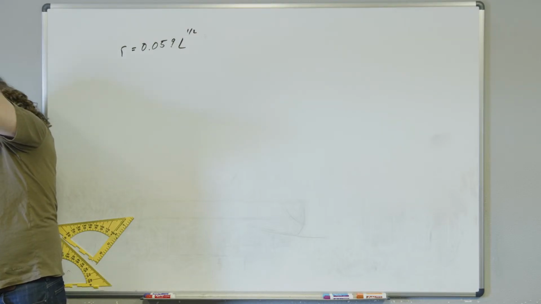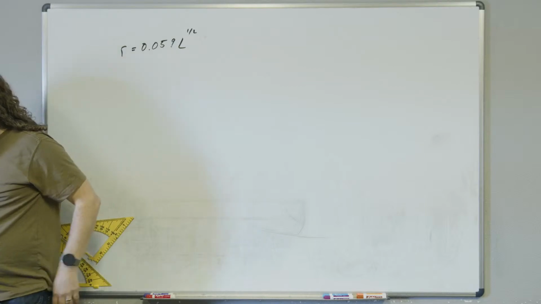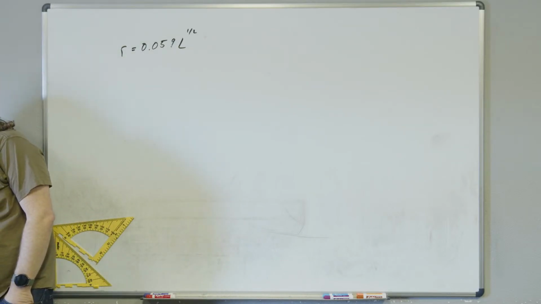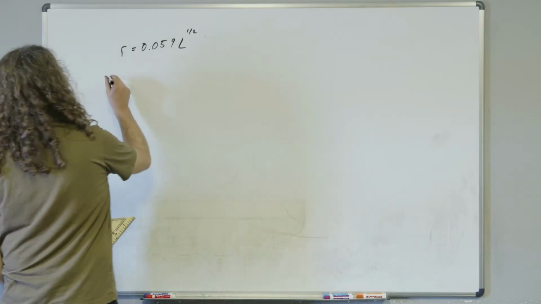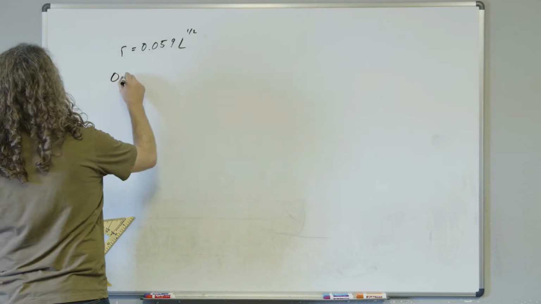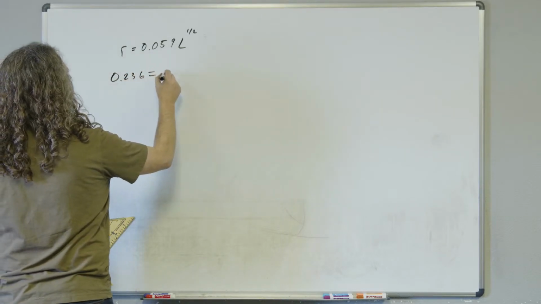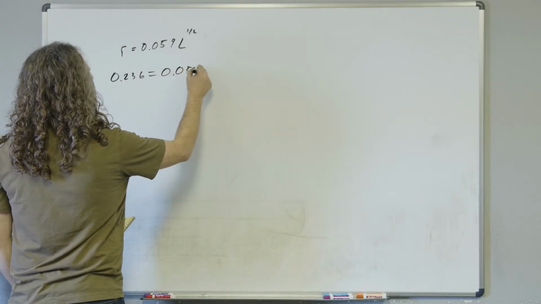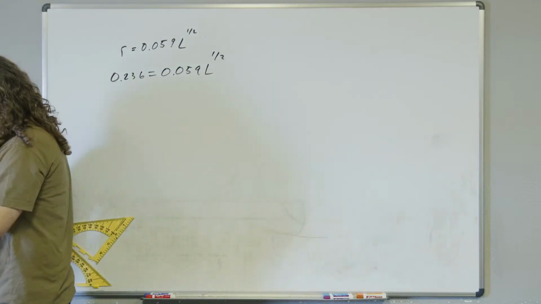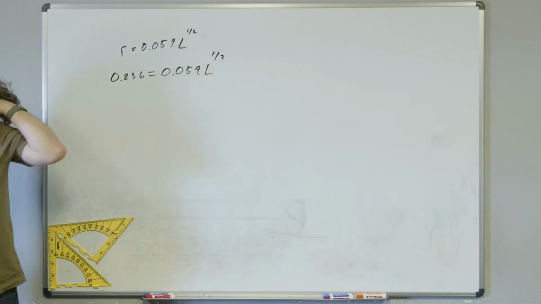Oh, radius R, resistance. Okay, great. So we're given that the radius is 0.236, right? And we're supposed to find L. So what should we do?